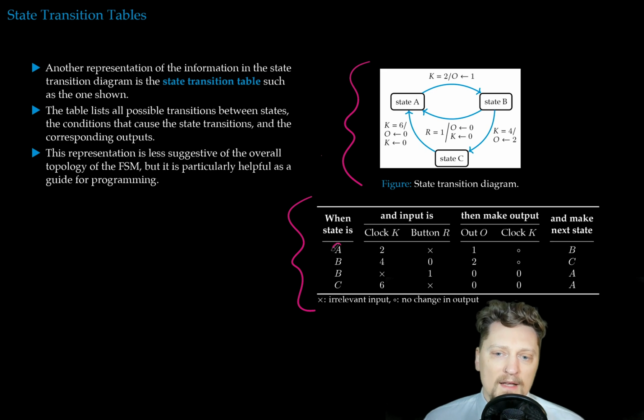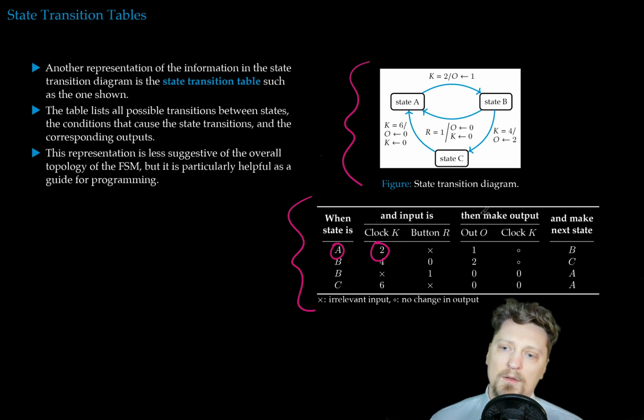So when state is A and the input is 2, regardless of what is happening with the reset button, we're going to make the output 1. We're not going to do anything in particular to the clock, but we'll make the next state B. So this represents the A to B state transition.